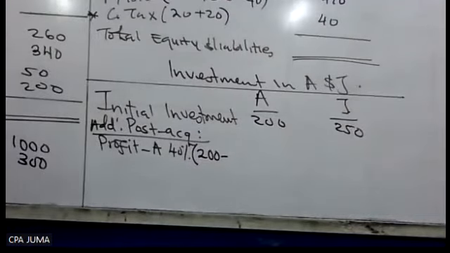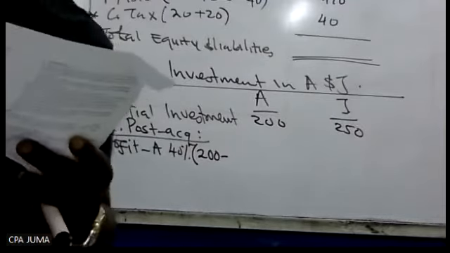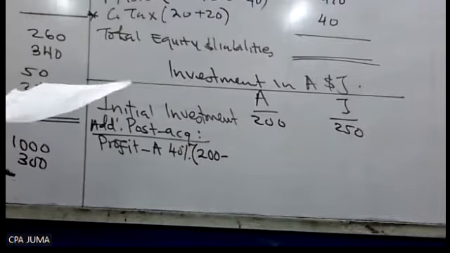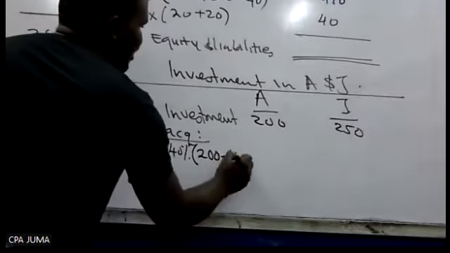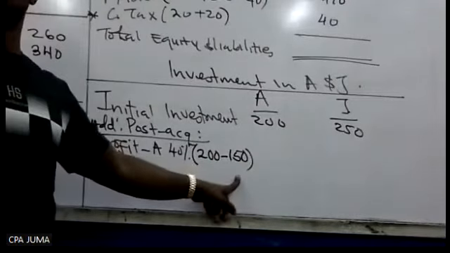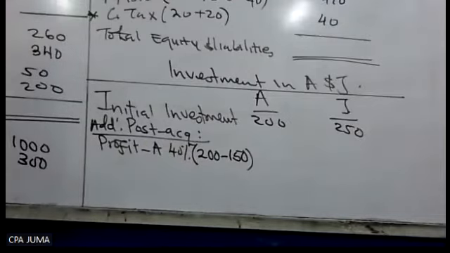How much was there when we acquired them in note 1? Note 1 has the acquisitions. When we acquired them, the retained earnings of A was 150. It means these people have made a profit of 50 after acquisition. So that 50, give us 40%, we increase our investment. We are not here to joke.